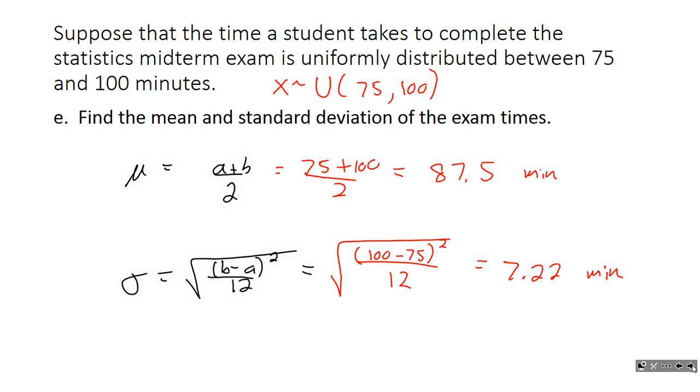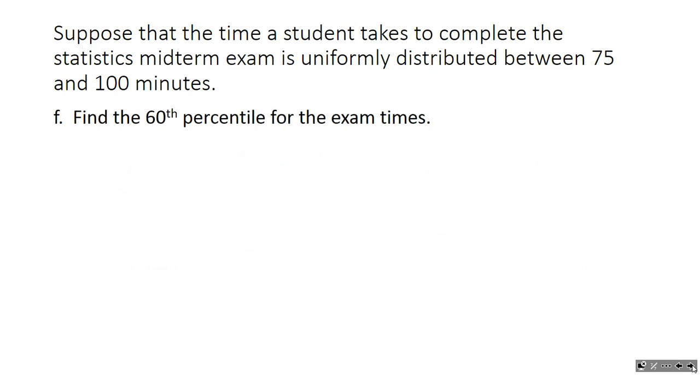I have one last question I'd like to do with you, and it's a percentile problem. We're going back to our original problem, not the one where we did conditioning. So we're looking back at 75 and 100 minutes, and we're going to find the 60th percentile. Okay, so we'll draw that original distribution.